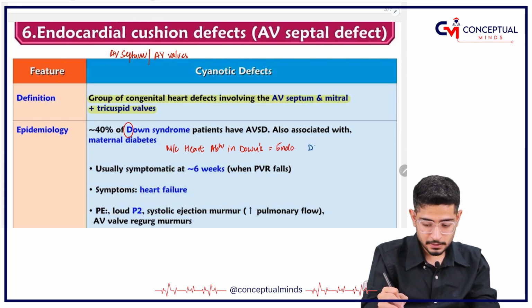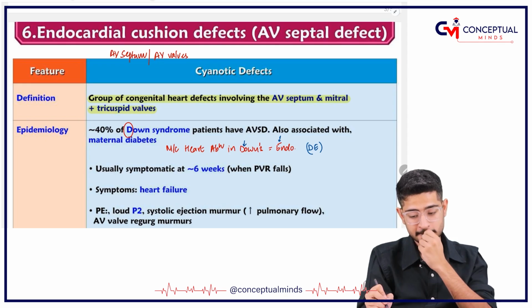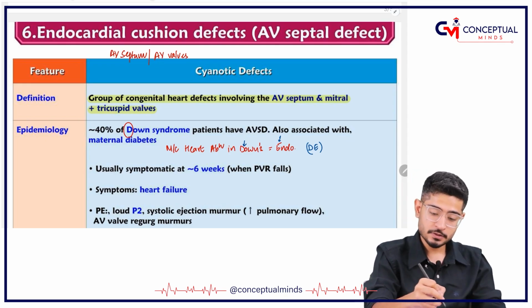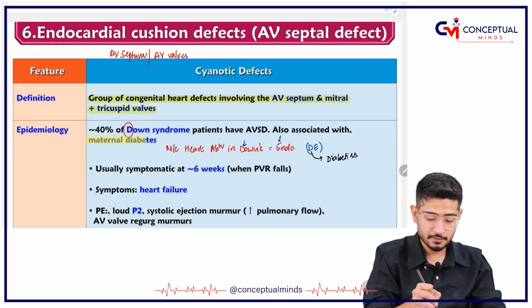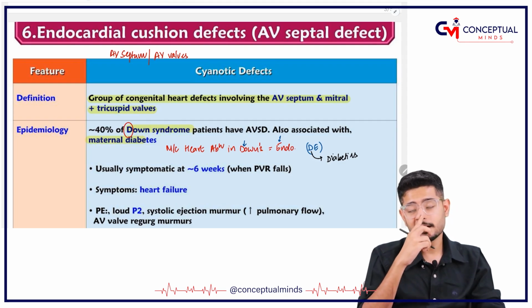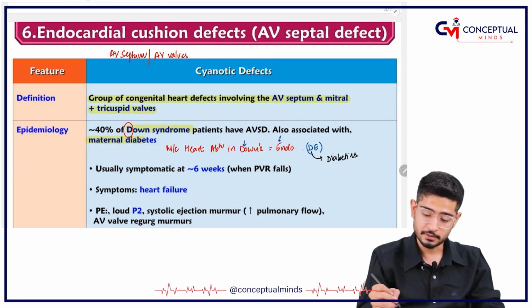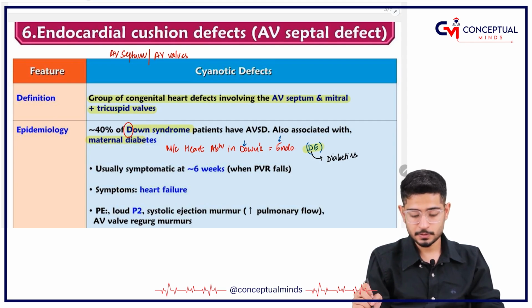How to remember? D and E coming together. Endocardial cushion defect in Down syndrome, and it is also associated with diabetes. If the mother is diabetic, there are high chances that the child is going to have endocardial cushion defect. This is the way you remember it.